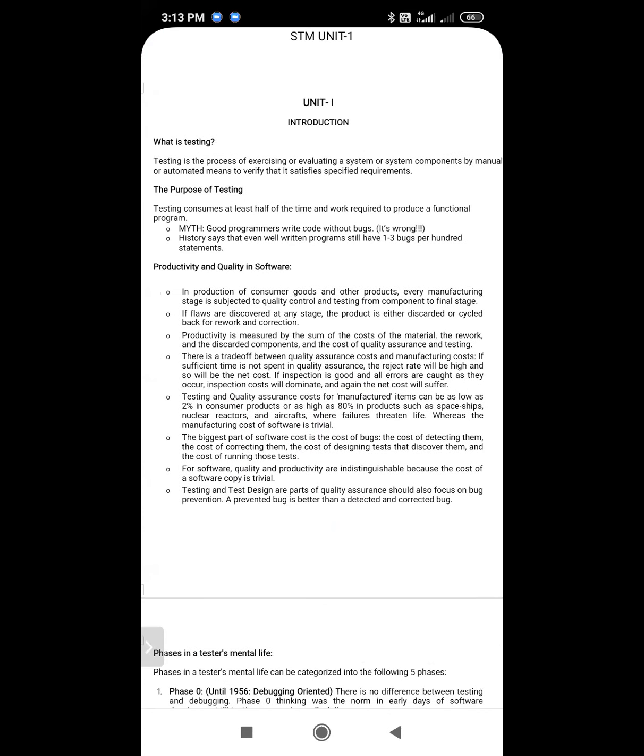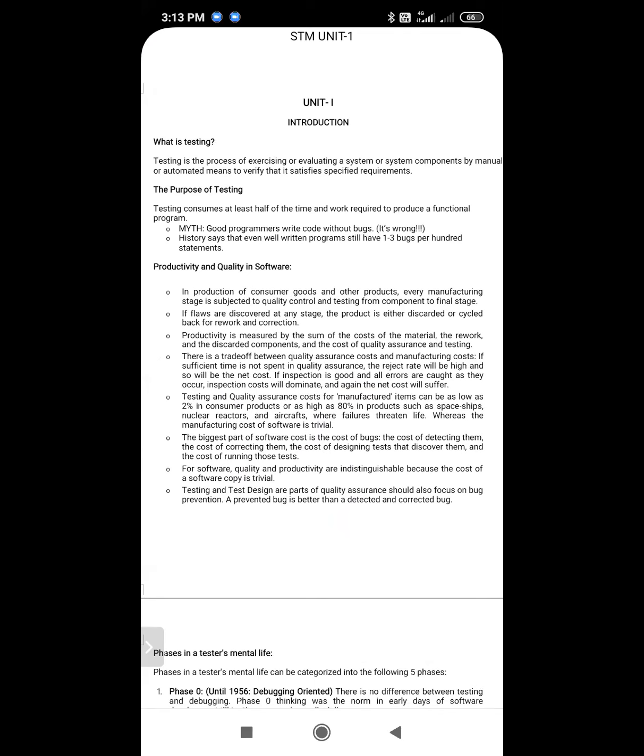Next, in this topic, we have 4 different side headings. In the purpose of testing, first you should write the myth, what is a belief and what it is not, why it is not to be a belief. And you should write the main purpose of testing. The next one is productivity and quality in software.